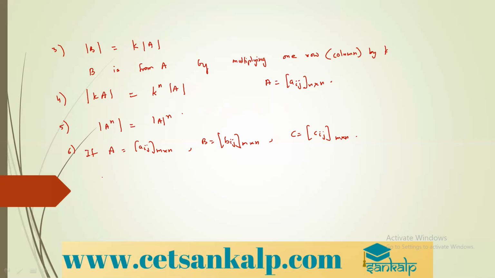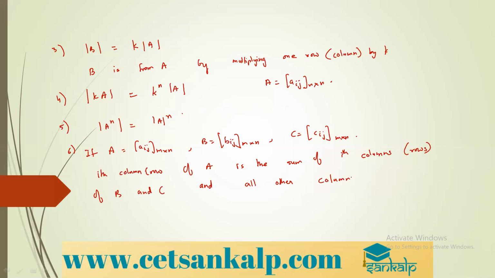Such that the ith column or row of A is the sum of the ith columns or rows of B and C, and all other columns or rows are identical.